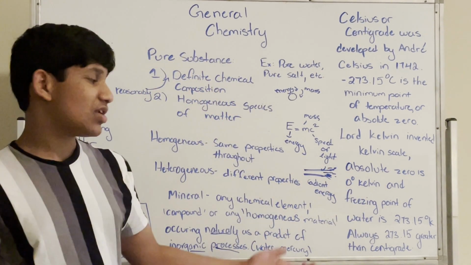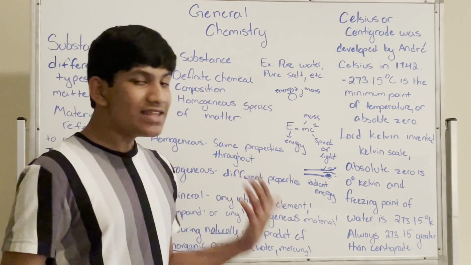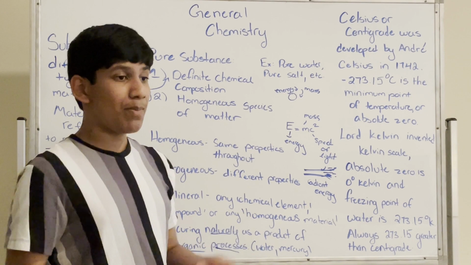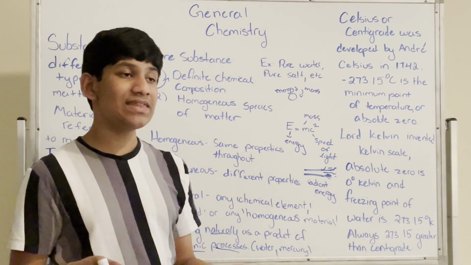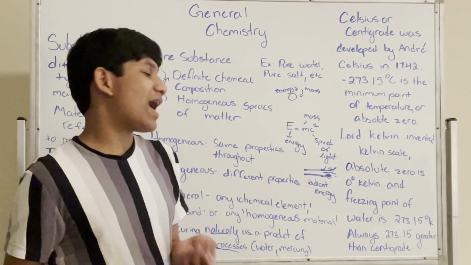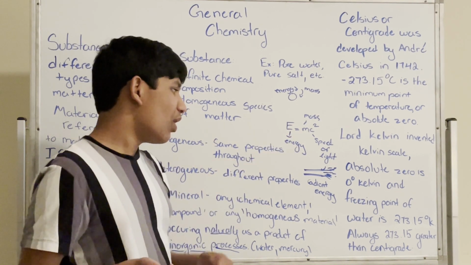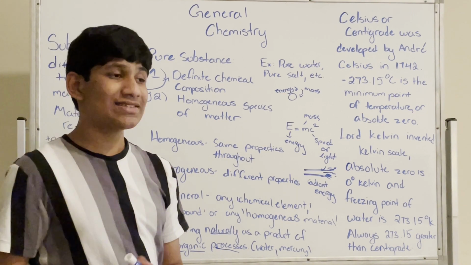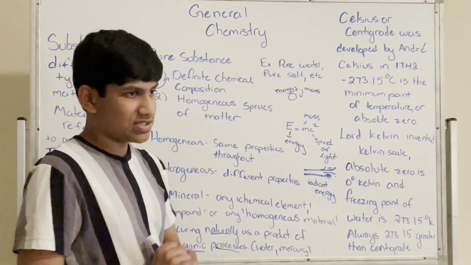Since light, which is radiant energy, we thought to have no mass, this kind of revolutionized our study of radiant energy and normal things with mass. So when we thought of something with mass, we didn't think of light. We just thought it has mass. But when Einstein came up with this equation and also did general relativity, we realized that light also has mass. And sometimes it's just negligible because it's very small.